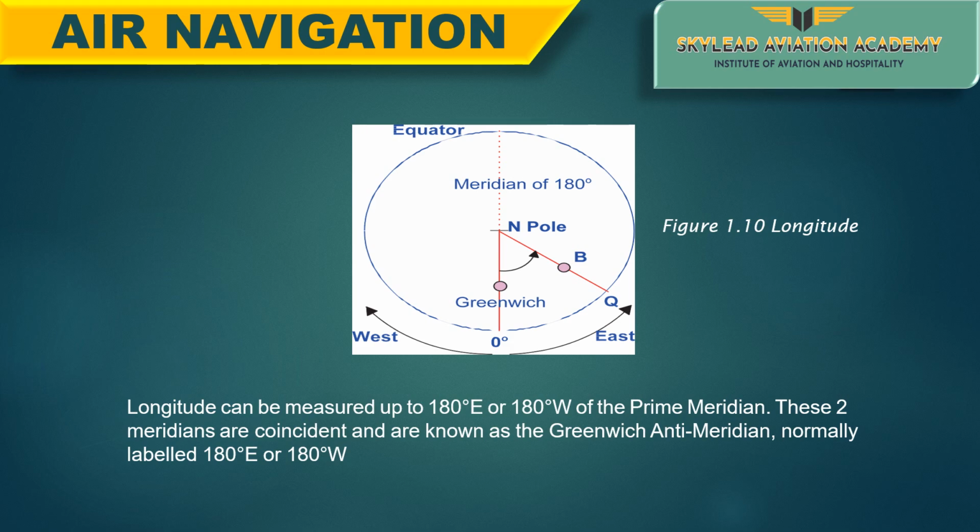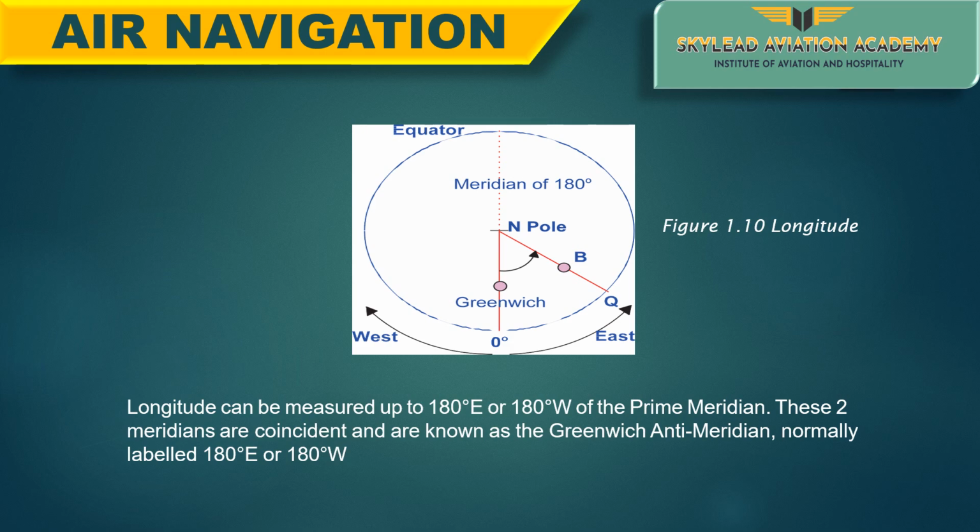When calculating the difference between the longitude of 2 points, if the positions are both east or both west longitude, then one is subtracted from the other. That is, 100 degrees west minus 80 degrees west equals 20 degrees difference, sometimes called change of longitude.